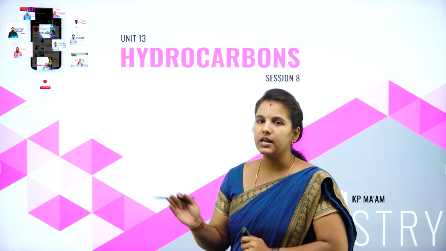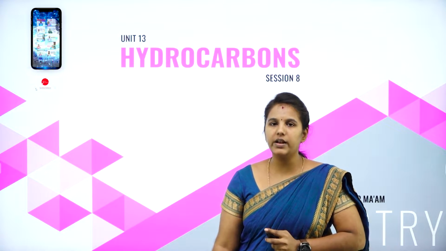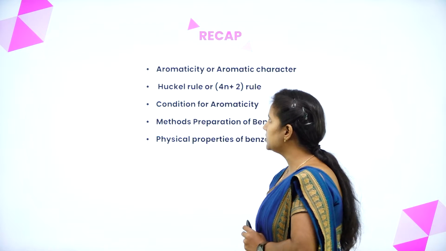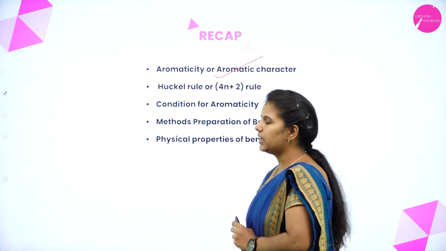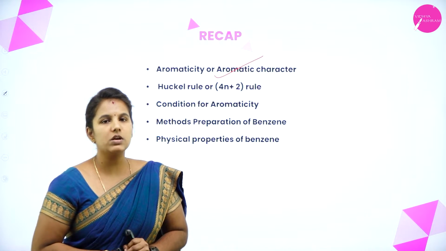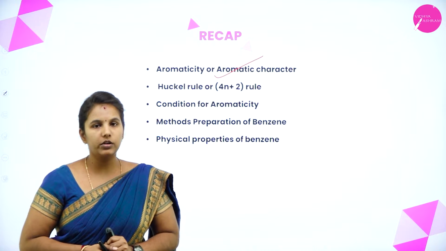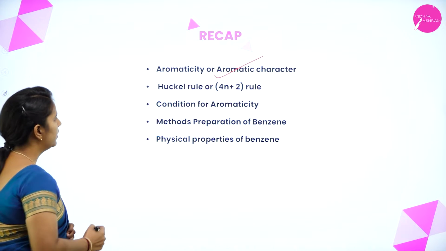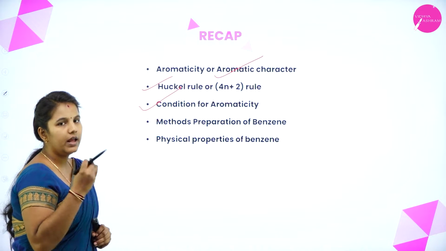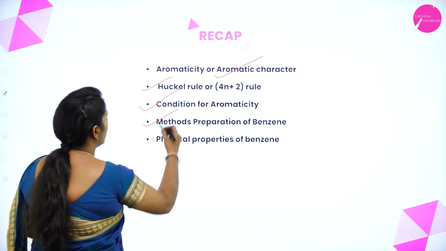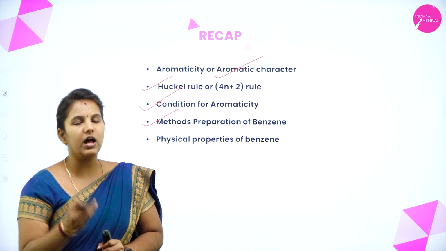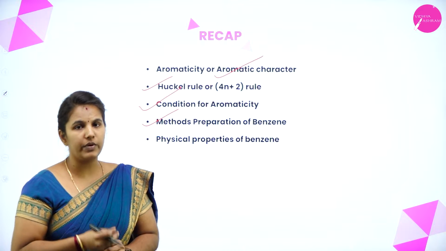My dear students, in our last discussion, we were dealing with the unit called Hydrocarbons. Under that, we discussed aromaticity and aromatic characters in the benzene ring, the Huckel rule, the condition for aromaticity, the methods of preparation of benzene, and the physical properties of benzene.